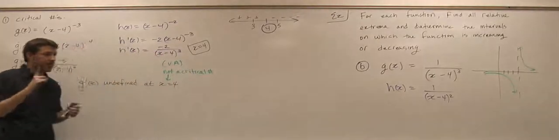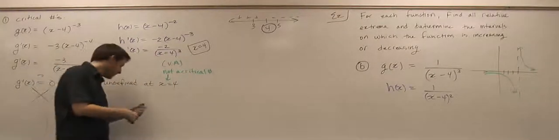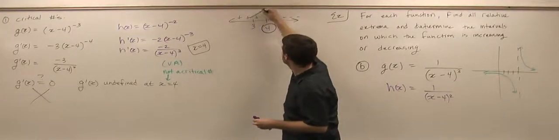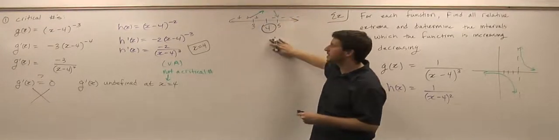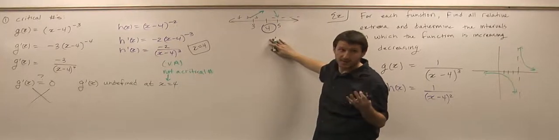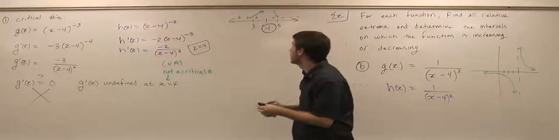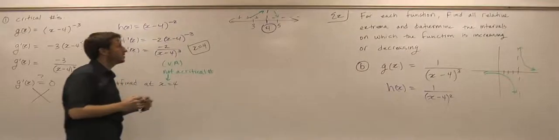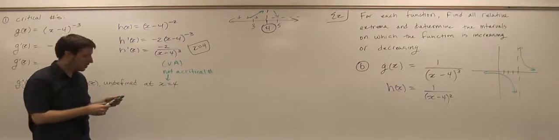But this is where you've got to be careful, because you might think, for this function, because I'm going up here and I'm going down here, that I have a relative max at 4. Do I have a relative max at 4? We don't. It's an asymptote. You can't have a relative max there. The function's not defined there. Vertical asymptote.